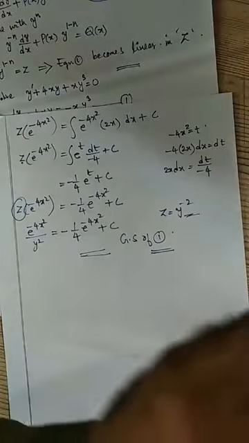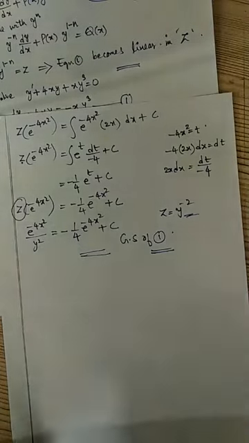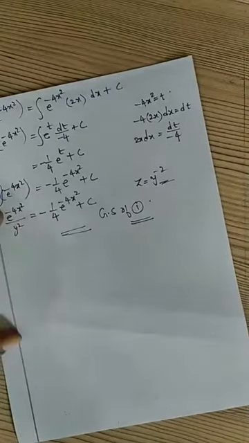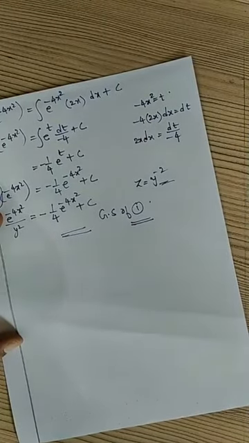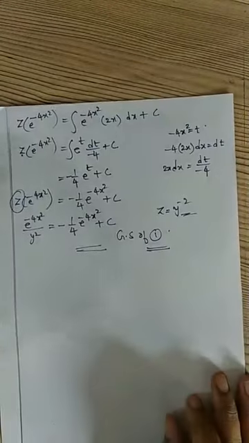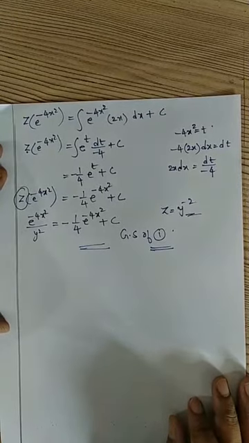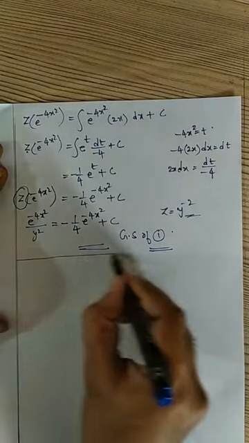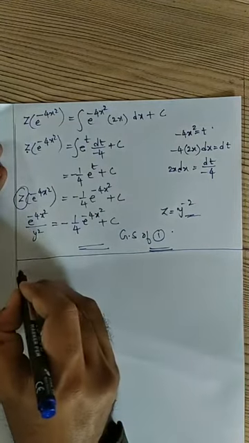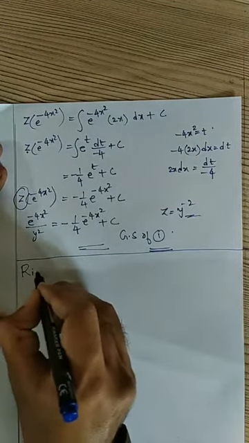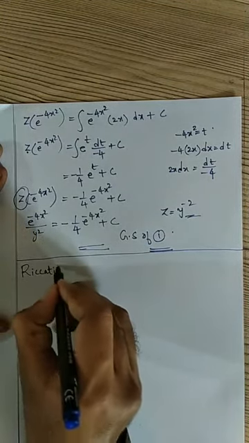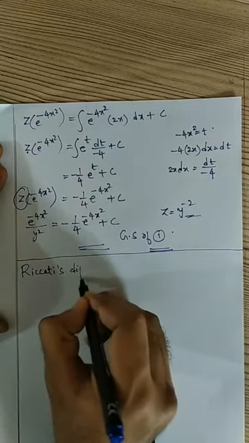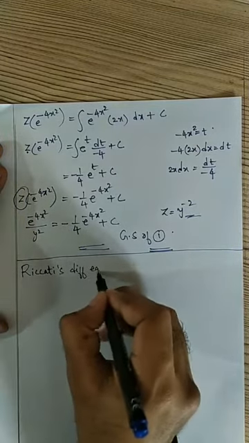So next we will see the next topic, which is Riccati's equation. This Riccati's equation is also important for 5 marks, sometimes 10 marks also. Important topic, Riccati's differential equation.